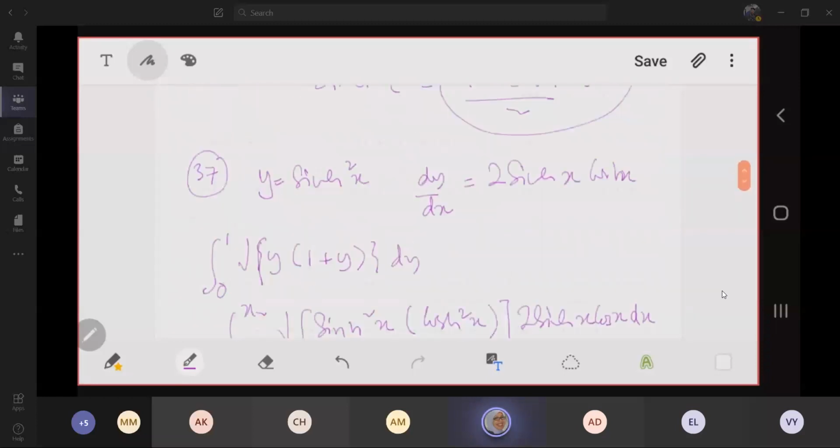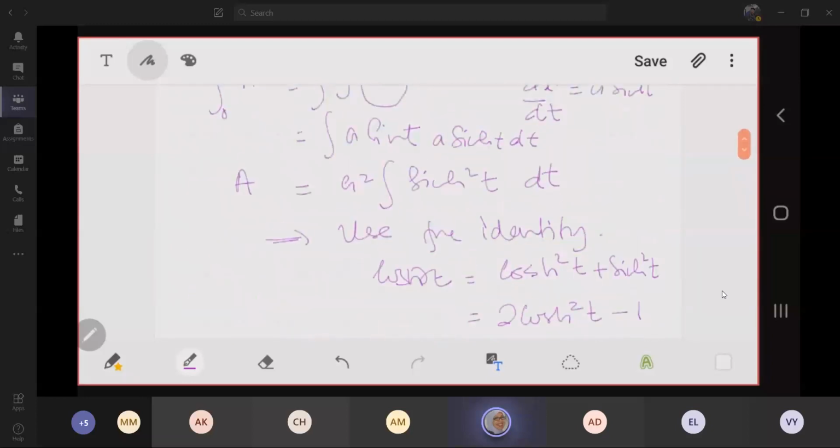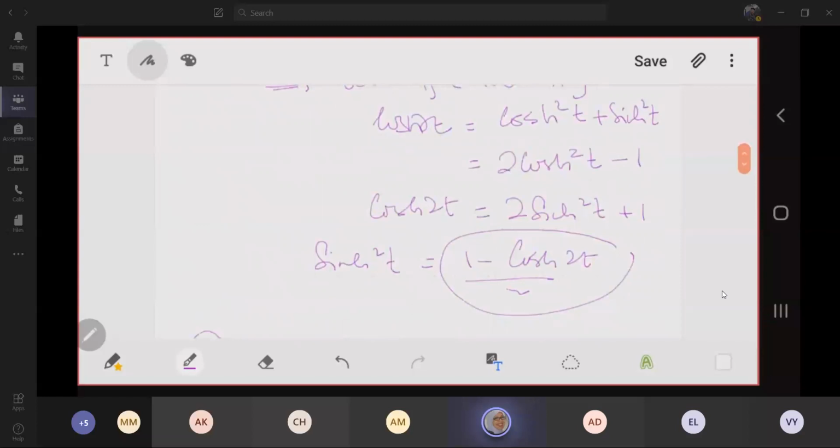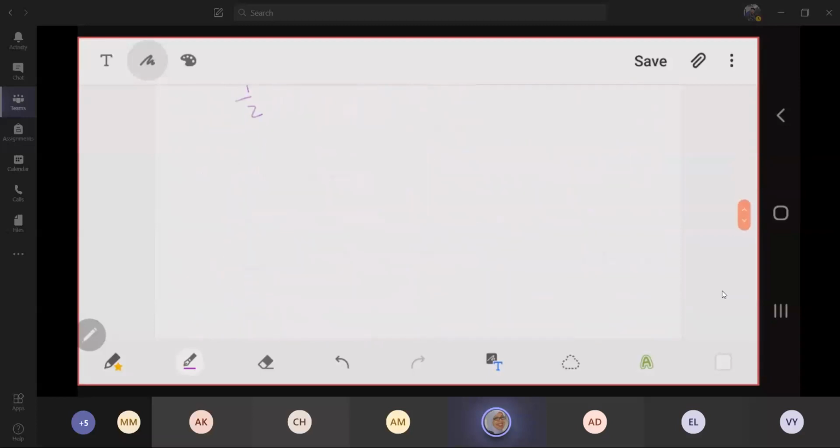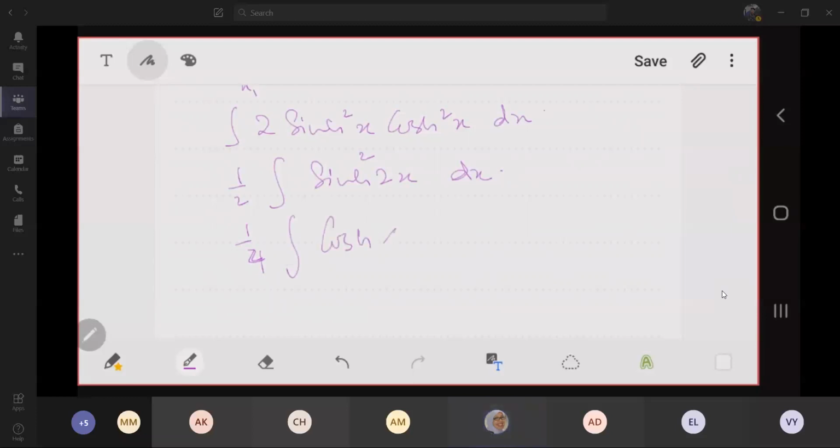Just now, earlier on, we had sine squared, so cos 2t minus 1, for x, dx. Alright, and then you change that.